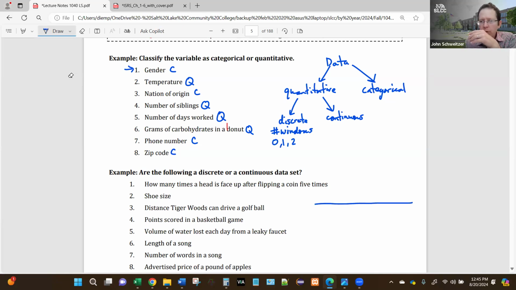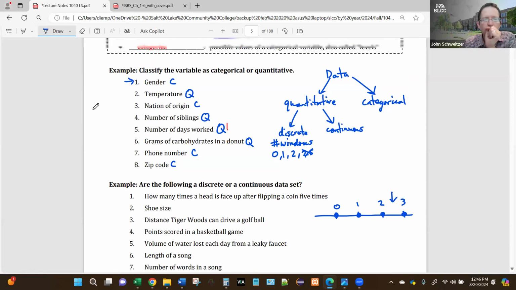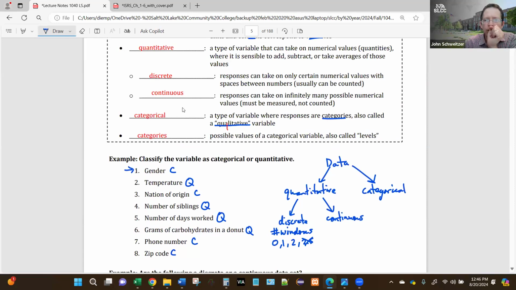So if we put those numbers on the number line, they would be discrete dots on a number line. Nobody has 2.5 windows in their room. You might have a tiny window, an unusual window, but you never call it half a window. Well, maybe you would, but it's still just a window, right? So you start getting these gaps between the possible values in your data set. That's what it means to be discrete. And that's what we mean by spaces between the numbers.